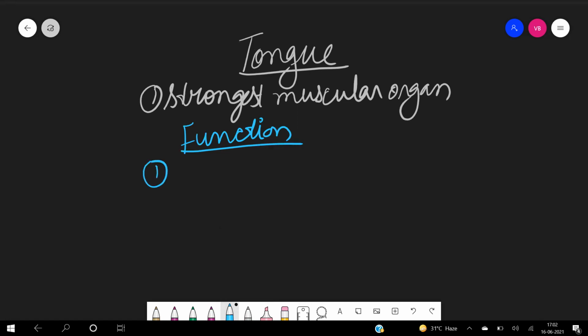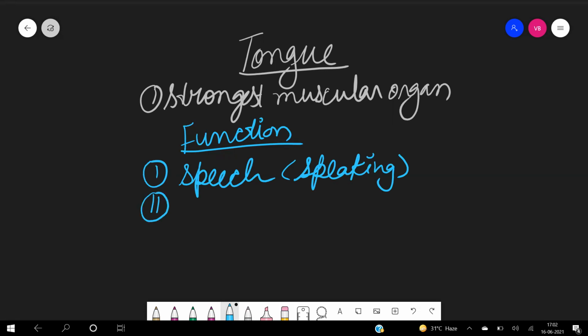Why is my speech understandable? Because of the tongue. It helps in speech. Whatever we are speaking, it is clear because of the tongue. Second thing, very important, it has taste buds.